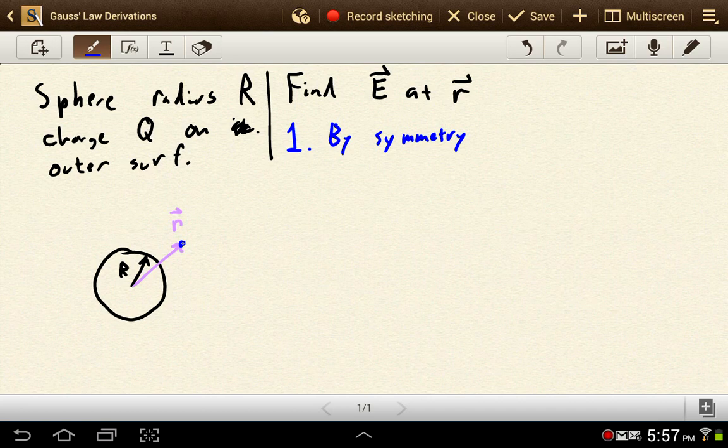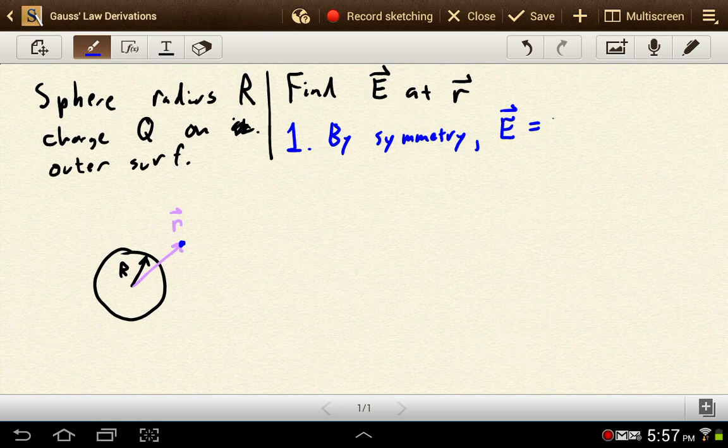You can't talk about what's left because that implies that you know something about which direction you are facing or which direction is up. You can't talk about which direction is right. All you can talk about is towards the sphere and away from the sphere. So by symmetry, the electric field has to either point towards the sphere or away from the sphere.